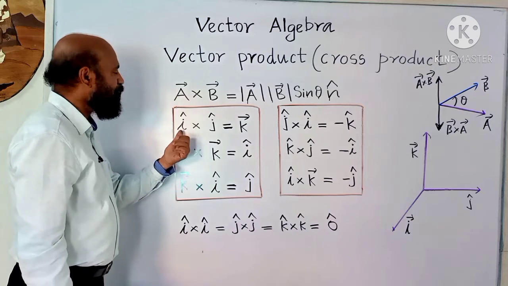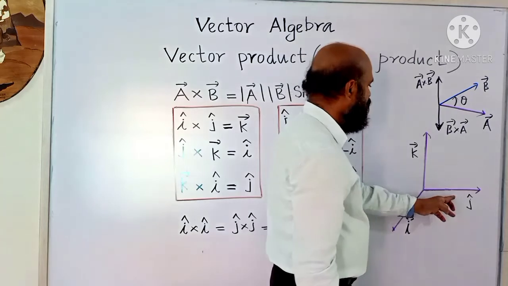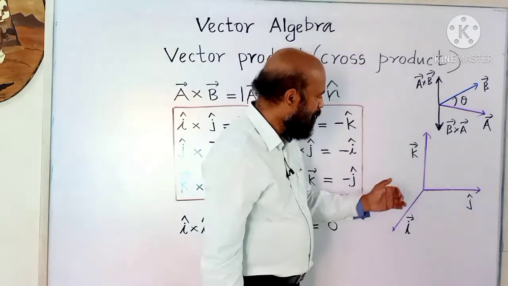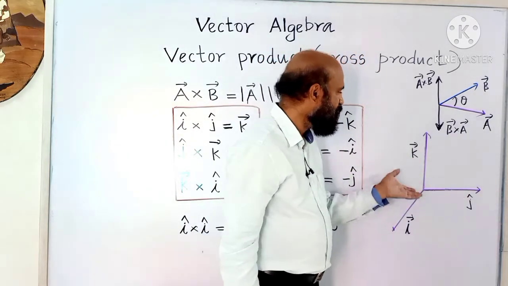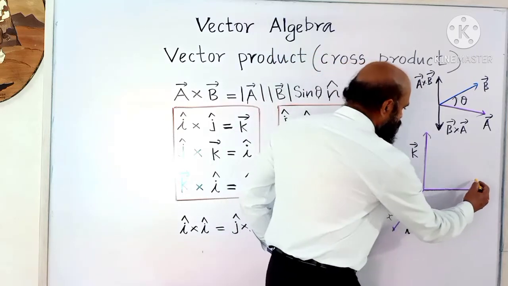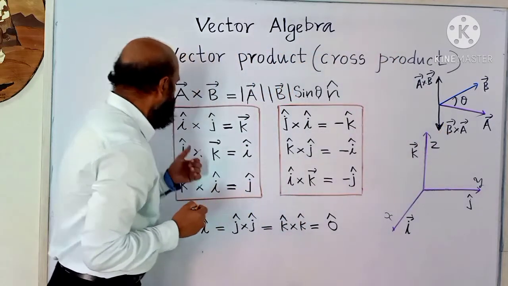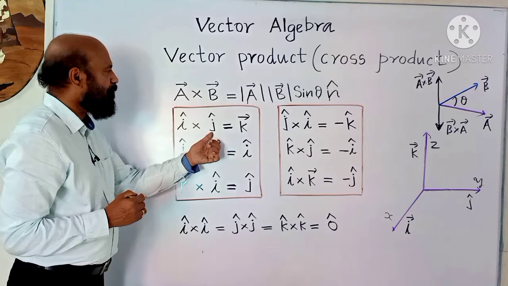Now let us see the cross product of unit vectors. i, j, k are the unit vectors along the x-axis, y-axis and z-axis respectively. Now i vector cross j vector.